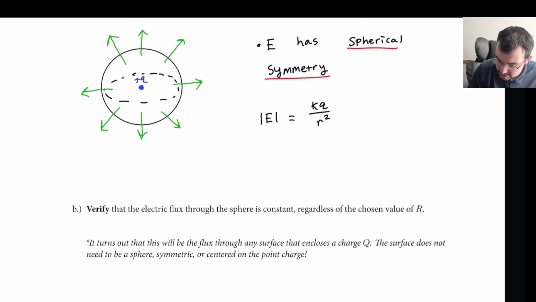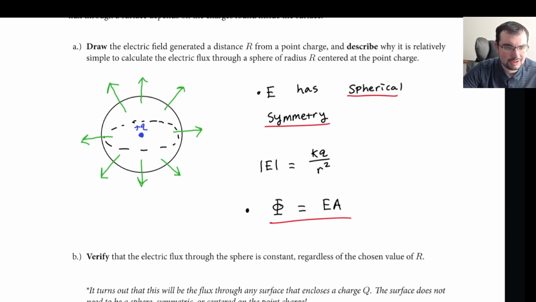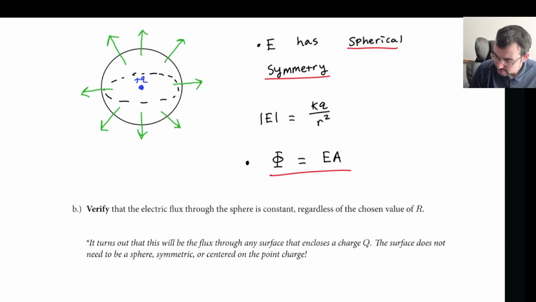So what this means is that our net flux is just going to be equal to E times A. That's why we like drawing this sphere, and this problem is going to work out nicely, because phi is just going to be equal to E times A, because the entire field is perpendicular, and it has the same magnitude everywhere on the sphere. Because the only thing that affects the magnitude is r. And by definition, a sphere is all the points at that same r, that same separation.